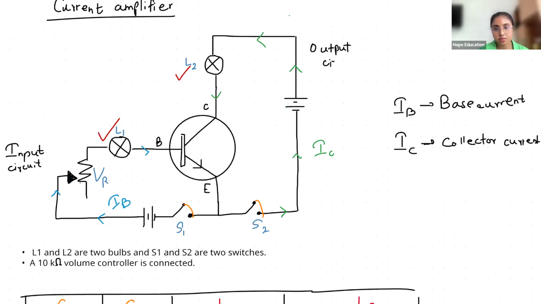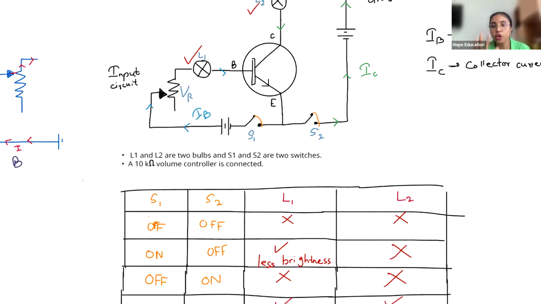These are some terms. Now, from these observations, what we can understand is current flows in the output circuit only if there's a current in the input circuit. Input circuit එකේ current එකක් තිබ්බොත් විතරයි output circuit එකේ current එකක් තියෙන්නේ. Right? Input circuit එකේ current එකක් නැත්නම් මේ switch එක on වෙලා තිබ්බත් output circuit එකේ there won't be a current.